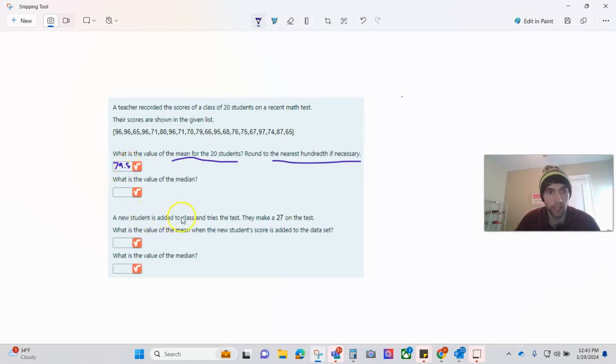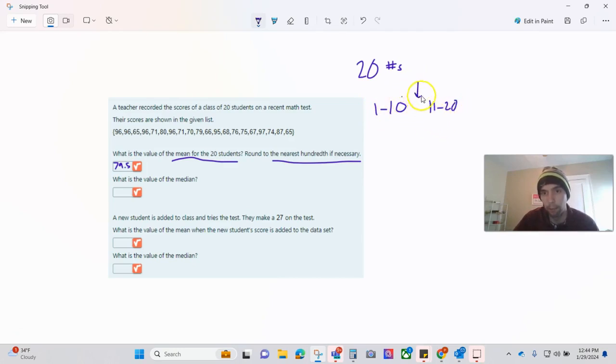79.5. What is the value of the median? So if I have 20 numbers, I'm going to show how to find the median without ordering them from smallest to biggest. So if I have 20 numbers, my median number is in the middle. So I had numbers 1 through 10 on one side, numbers 11 through 20 on the other side, right?